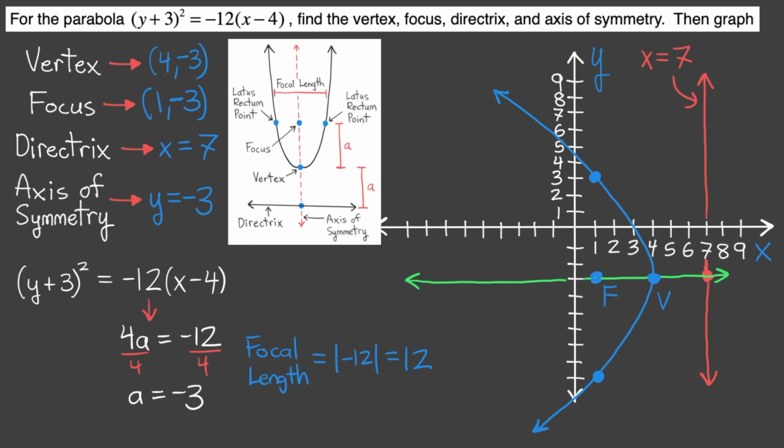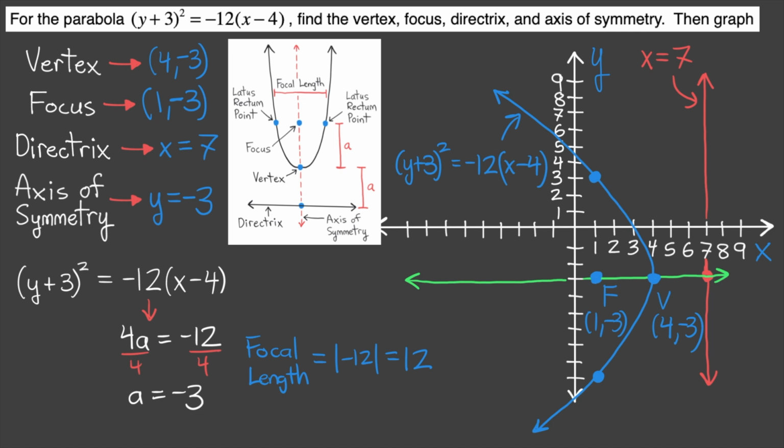So there's our parabola there. Let's go ahead and label our parabola. So this guy was the curve y plus 3 squared equals negative 12 times x minus 4. And then our focus, we can go ahead and label that. Our focus was 1, negative 3. And then our vertex was 4, negative 3.